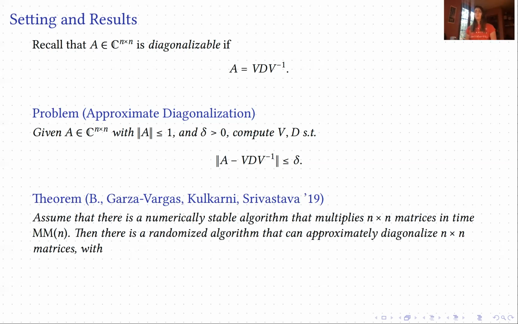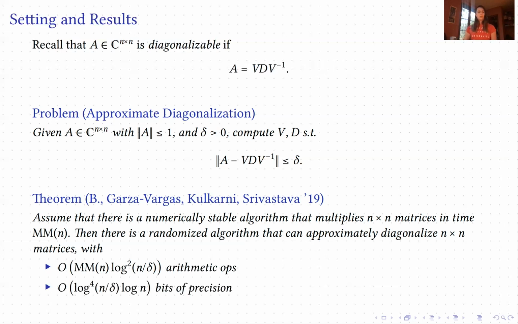But given that you can multiply matrices numerically stably in time mm of n, there exists a randomized algorithm for the approximate diagonalization problem, which uses on the order of mm of n log squared n over delta arithmetic operations, log to the fourth n over delta log n bits of precision, and succeeds with probability at least 1 minus order 1 over n.